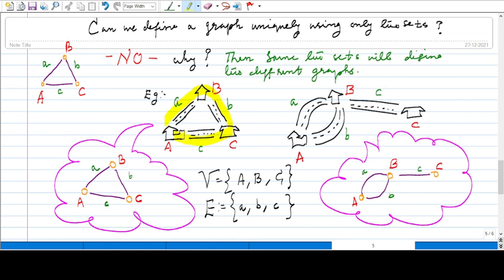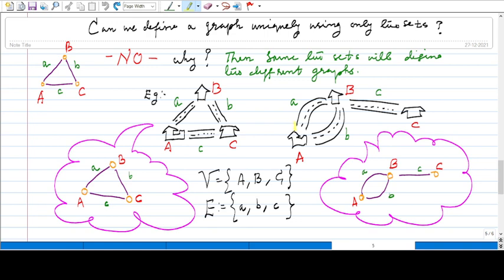But what about the second picture? In the second picture, is it possible that I can travel from A and get back to A without repeating the roads? Here, I started my journey from A, and without repeating any edges, using each of a, b, c exactly one time, I have reached back home.